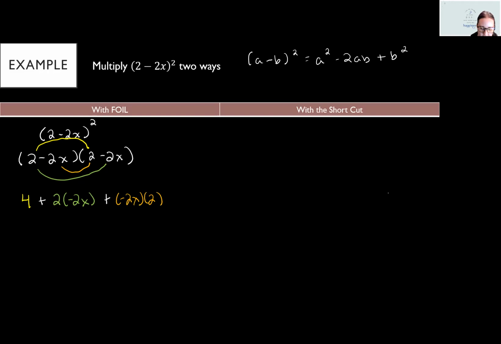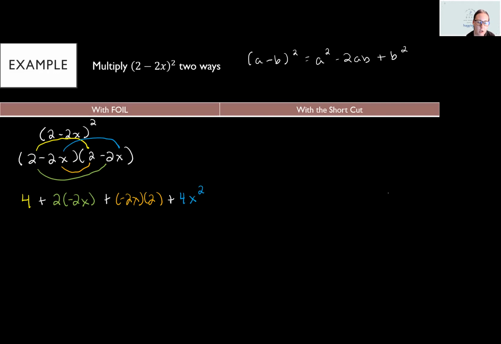Again, I'm going to write that out because of the sign errors that might happen. And then we've got negative 2x times negative 2x. So negative 2 times negative 2 is positive 4, and then x squared.